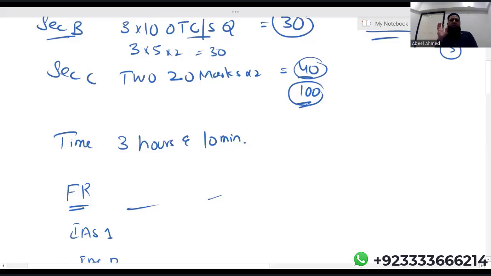A very common reason for the failure is time mismanagement, poor allocation of time. A traditional thumb rule, never forget that. And that thumb rule says 1 mark, you have 1.8 minutes. So poor time allocation.